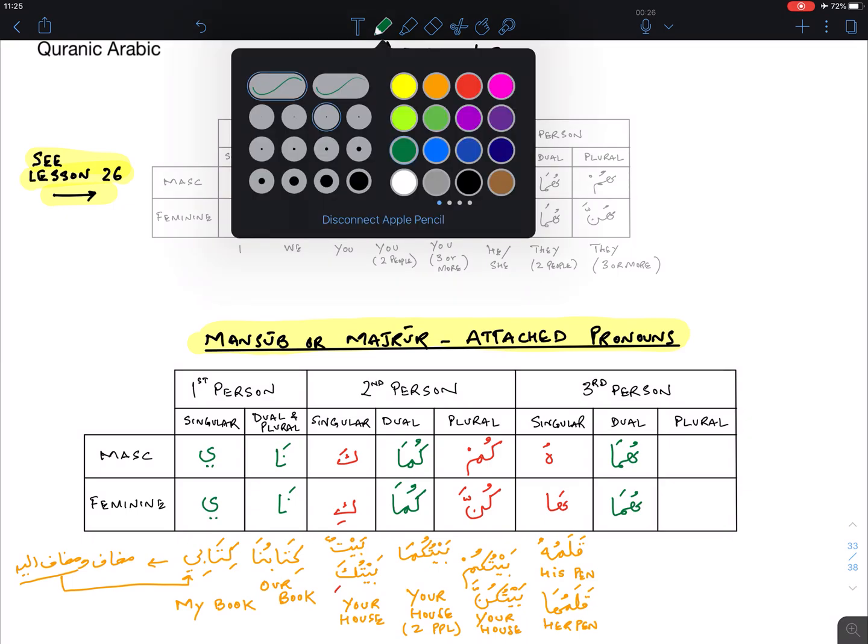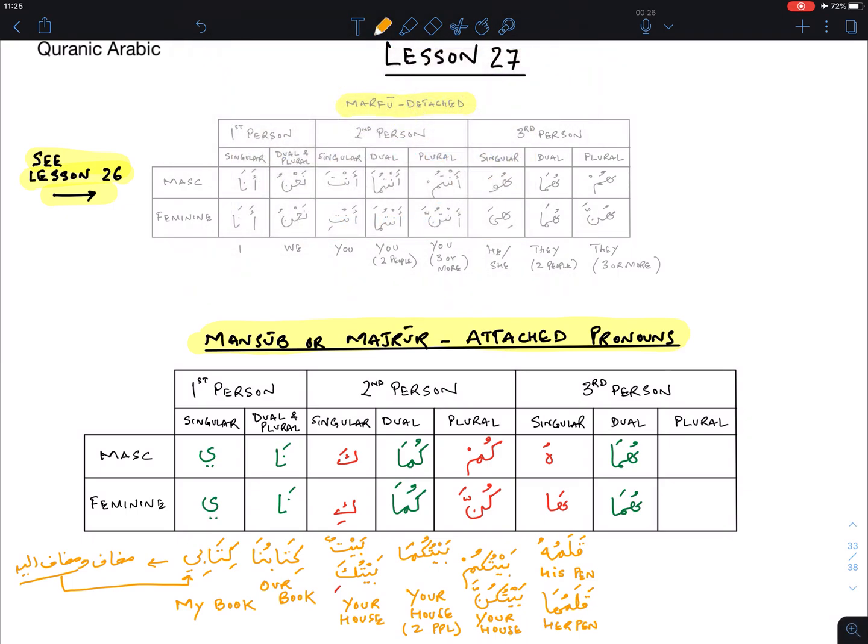An example of that would be qalamuhumā, their pen, referring to either male or female, depending on who's being referred to here, and it'll be for two people.